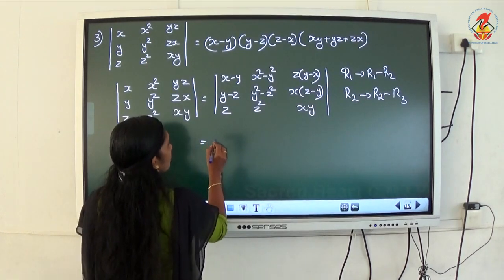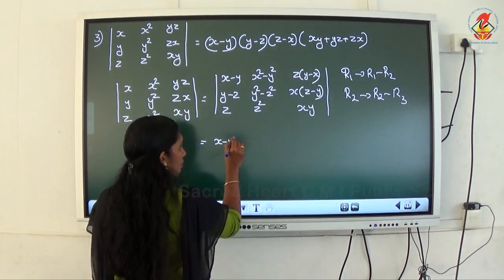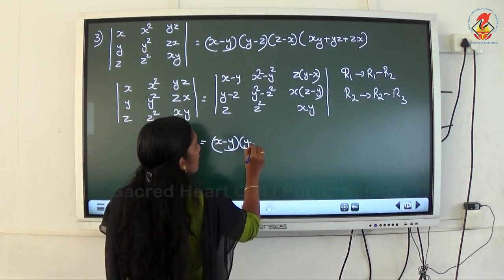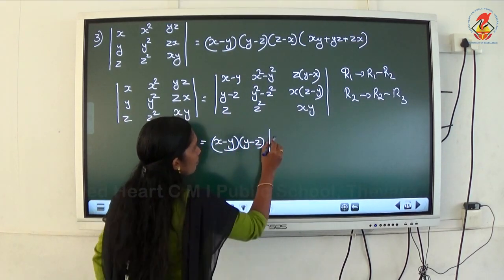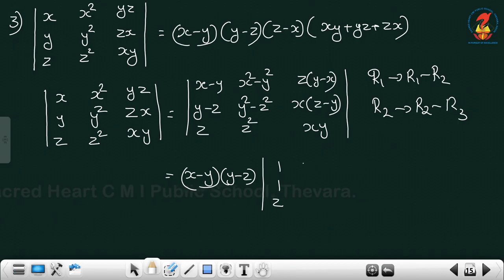So that's equal to taking x minus y from the first row and y minus z from the second row. So 1, 1, z. Here x plus y is there. Then y plus z and z square. Here minus z minus x, then xy.